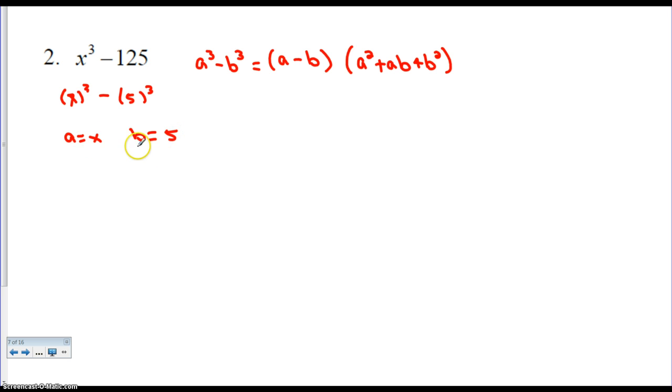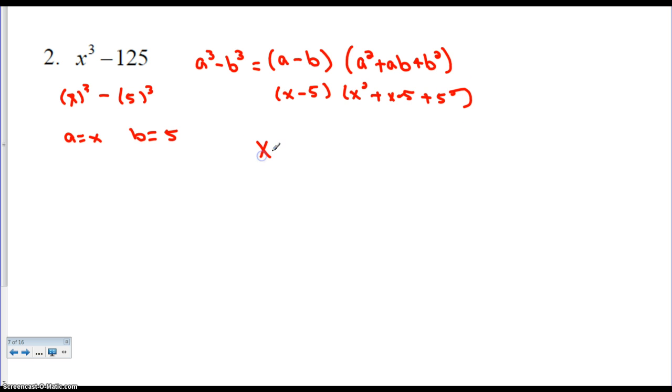So I'm going to plug this into this formula right here. Okay? So it's going to be x minus 5, and then I have x squared plus x times 5 plus 5 squared.